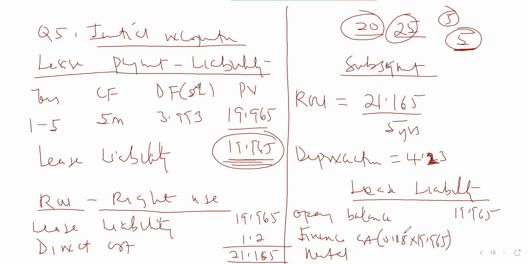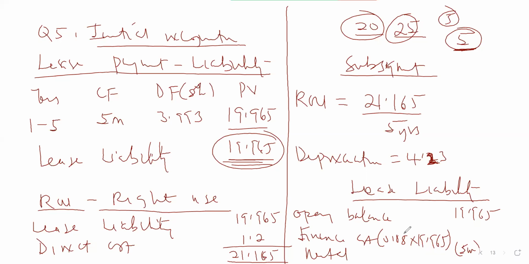The rentals will be paid at the end of the year, 5 million. Then that is all. You get your closing balance. You send your depreciation and finance cost to profit or loss. Then you send your carrying value of the right of use to statement of financial position as an asset, and also the lease liability as a non-current liability.